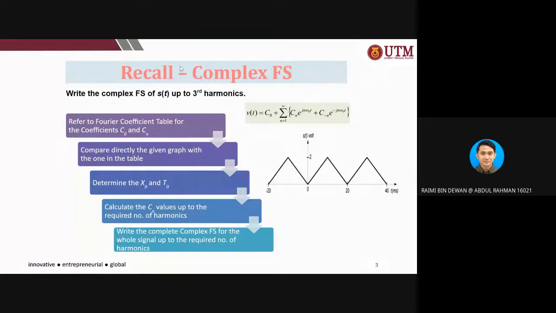Okay, so we recall the complex Fourier series. This is your complex Fourier series. Is this one single-sided or double-sided? Anyone? You can respond in Google chat. Is this single-sided or double-sided?